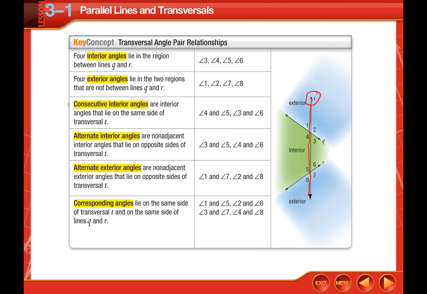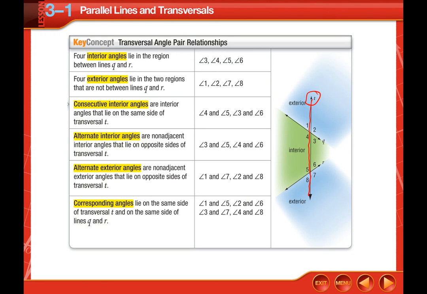Now, corresponding angles lie on the same side of the transversal, and they're also going to be on the same side of the lines Q and R. Okay, so it's either going to be above the line or below the line, Q and R. So corresponding angles here are 1 and 5, or I could say 2 and 6, or I could go below and look at 3 and 7, or 4 and 8.